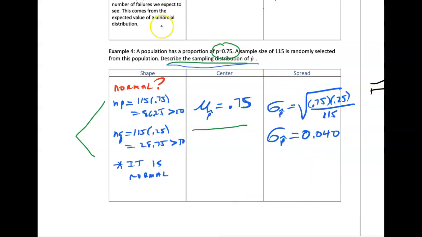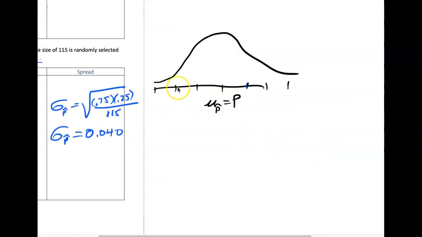So what that looks like would be something like this. We have a distribution, and now we're talking about proportions, where in this case the center is 0.75, and then it's the standard error, which we just calculated. You can see it over here: the standard error is 0.04.